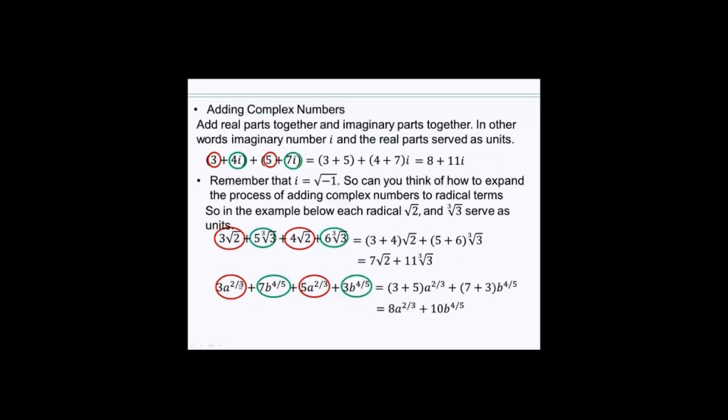Again, a to the 2/3 acted as a unit. Then there are 3 of those and 5 of the same will give you 8 of the same. 7 of this and 3 of these will give you 10 of those. Now remember, we didn't do anything to the power 2/3 because that was a unit. The power did not change because a to the 2/3 was acting like an apple.